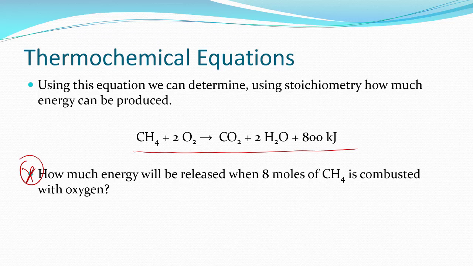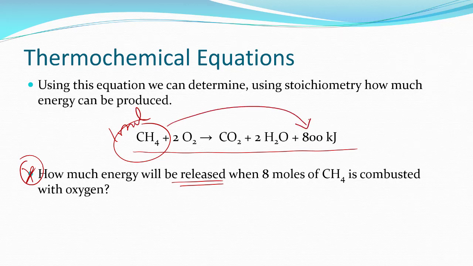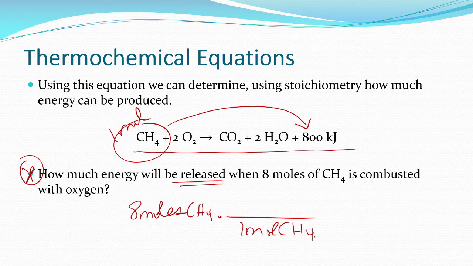According to this, for every 1 mole of CH4, I will release 800 kilojoules of energy. So the way that we start a problem like this is we start with our moles. We start with our 8 moles of CH4. According to the balanced equation, for every 1 mole of CH4, there will be 800 kilojoules of energy released.